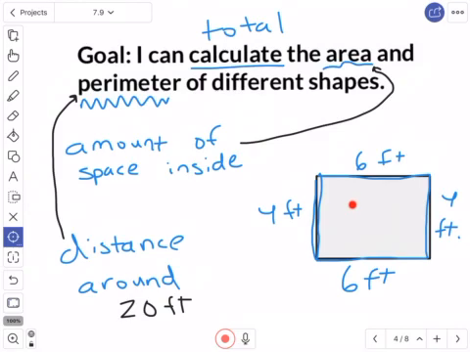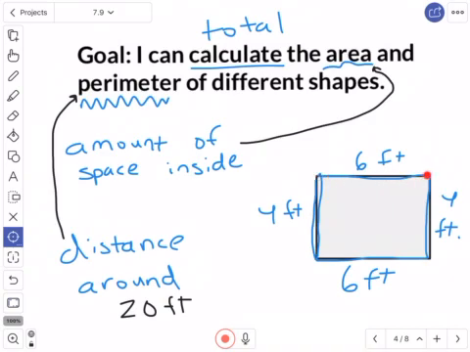And the area is the amount of space inside. Like, how big is the pool? How much play space is on the inside? To find area, there are a couple different ways to do it. If we had a bunch of little squares in there, we can count them up. Or we can use the area formula of length times width.